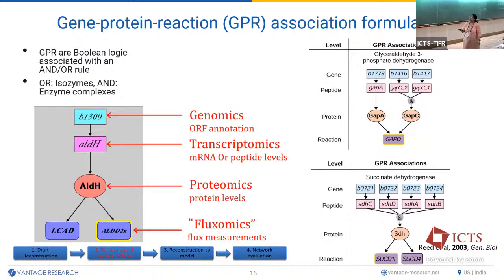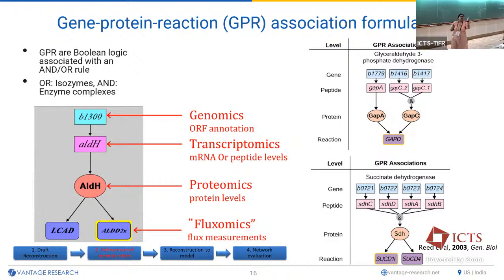Simple. If you come across an enzyme complex which has different subunits, and the assembly of all its subunits is essential for its functionality, and these subunits are encoded by different genes, then the GPR formulation will take an AND rule. Why? Because all the genes and all the subunits are essential, finally giving you the functional enzyme which will catalyze the reaction.